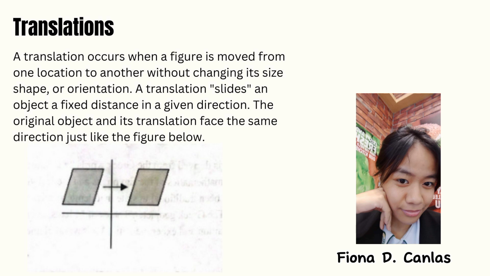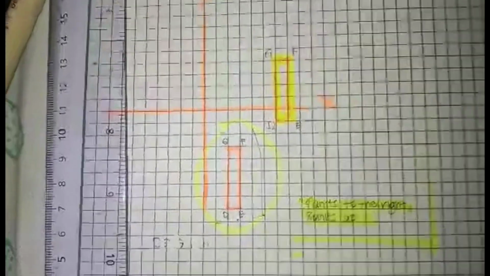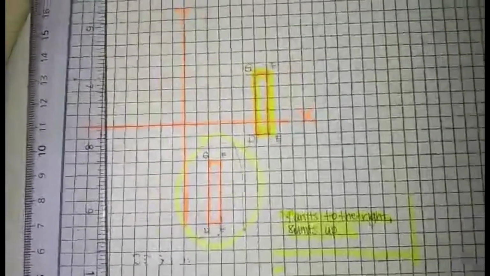In easier words, you're going to move a shape or an object to a designated place, indicating how many units you're going to move it to the left or right or up or down. Here is an example of a translated object.